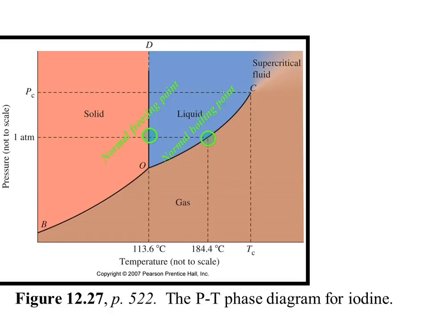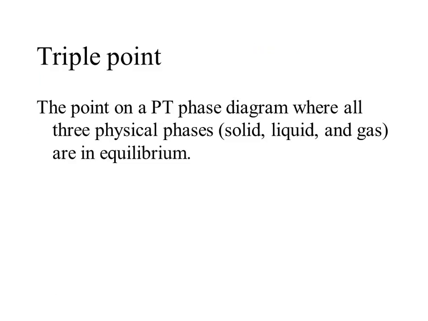Okay. So that's the normal boiling point temperature, the temperature at which it will evaporate from a liquid to a gas or condense from a gas to a liquid. And then the normal freezing point temperature you can pick off of the transition between the solid and the liquid, at that same pressure.